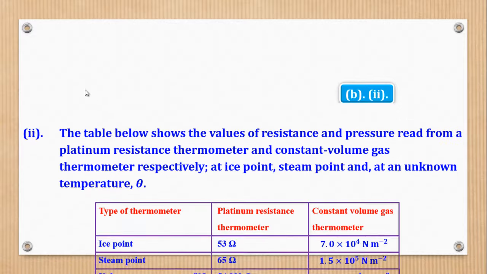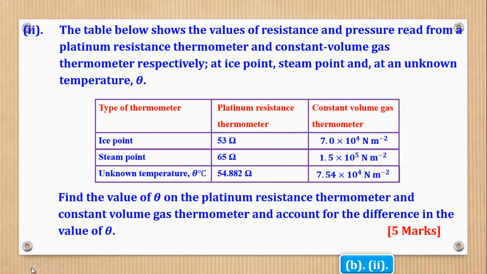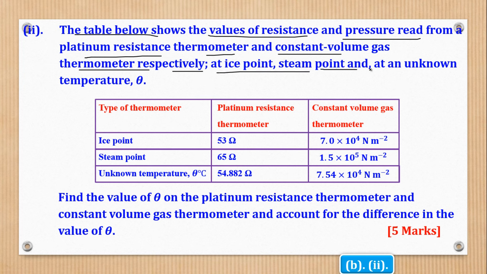Now we shall go to B Roman 2. B Roman 2 says, the table below shows the values of resistance and pressure read from a platinum resistance thermometer and constant volume gas thermometer, respectively, at ice point, steam point, and unknown temperature theta.